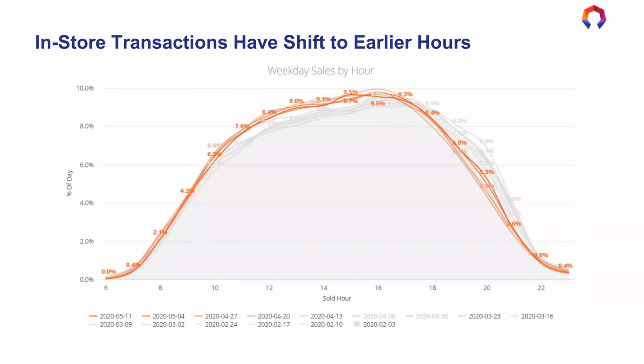I think a lot as consumers commuted home, they stopped by dispensaries on their way home. We see that change and move into these earlier hours, probably as people have begun to change their habits for when they're shopping. We know that this is true in grocery stores as well, in convenience stores. People are trying to move their shopping so that they can support social distancing. And I thought this was very interesting, this super notable change.